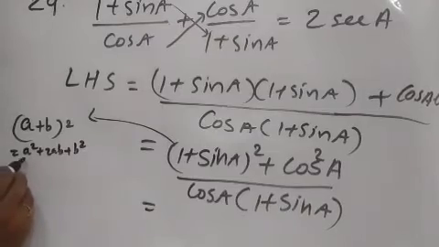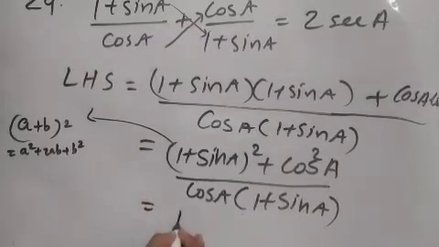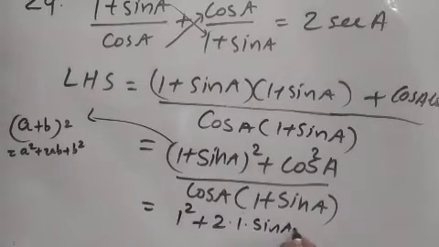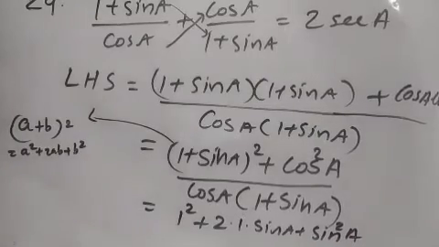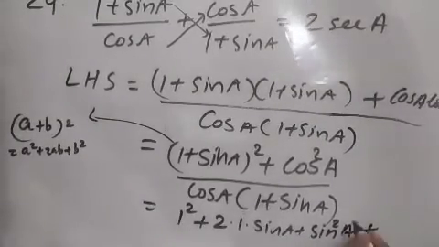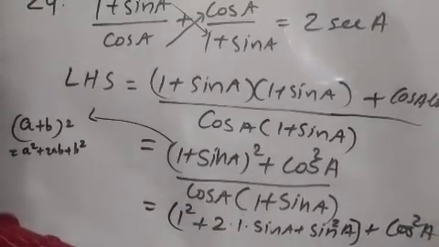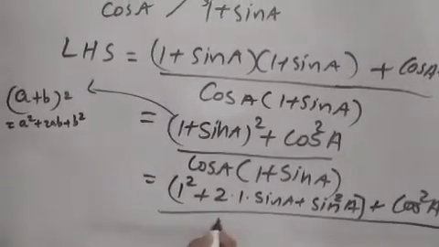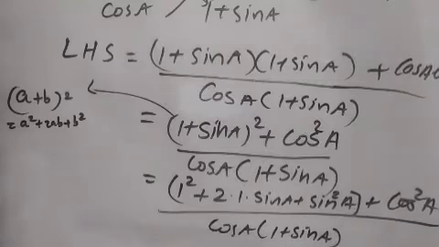In place of A we have 1 and B is sin A here. So 1 square plus 2 into 1 into sin A plus sin A the whole square, that is sin square A, plus the second term cos square A, whole divided by the same denominator cos A into 1 plus sin A.